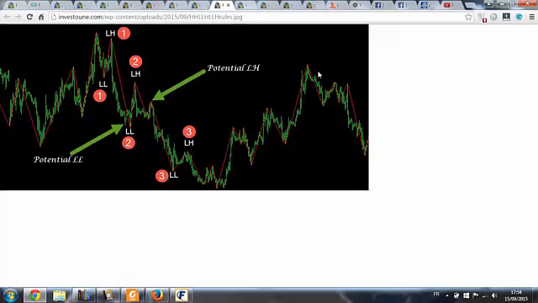How could we know that? I just generally target the last lower high, the first lower high, sorry, or I draw a Fibonacci level here and target the 61% level. This is simple.